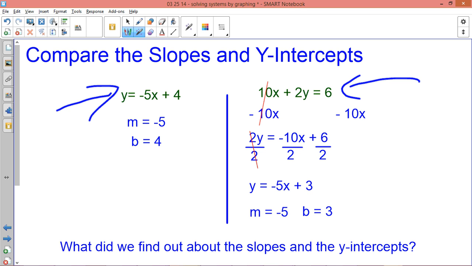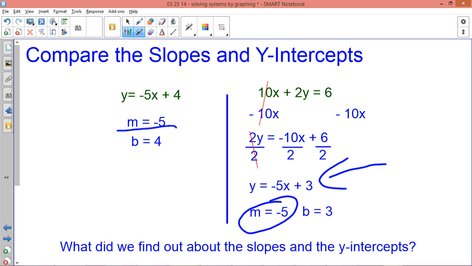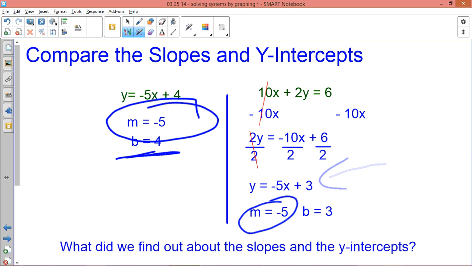We start with two different equations here now, the ones in green again, and I get them both into slope-intercept form. The first one's already in slope-intercept form, so my slope is -5. The second one, I have to massage into it, but eventually I get that the slope is also -5. And so I know that these are going to be parallel. And then I look at my y-intercepts.